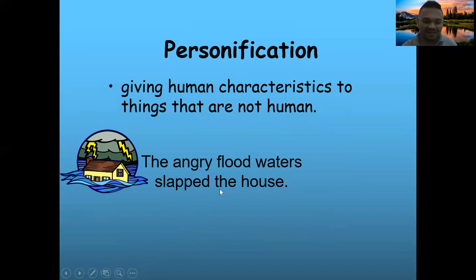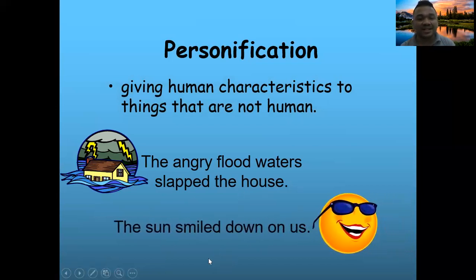In this particular example, water is not a human, but we're giving it human characteristics so that it can slap the house. Another example: the sun smiled down on us. A human can smile, but the sun cannot. But in this example, we personify the sun.